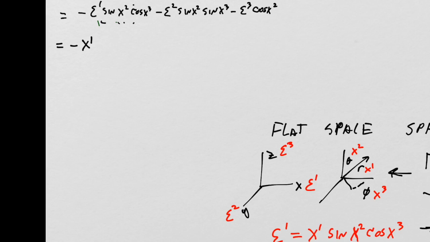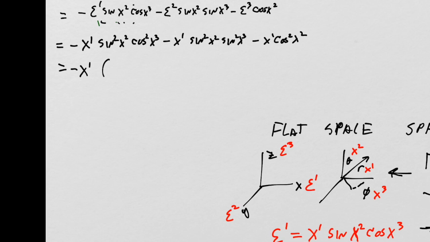minus x1 sine squared x2 cosine squared x3 minus x1 sine squared x2 sine squared x3 minus x1 cosine squared x2, which equals minus x1 sine squared x2 times cosine squared x3 minus sine squared x3 minus cosine squared x2.